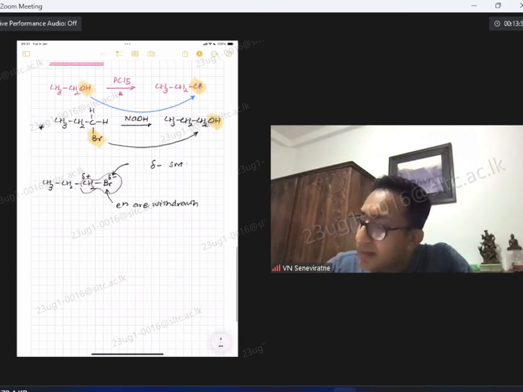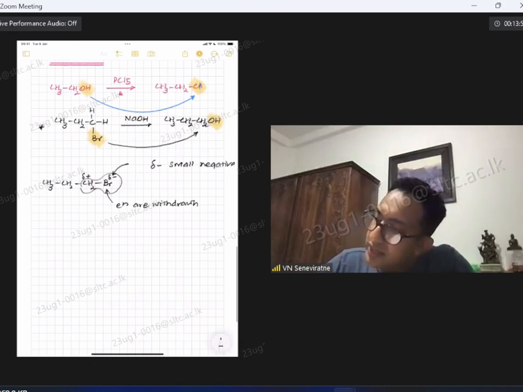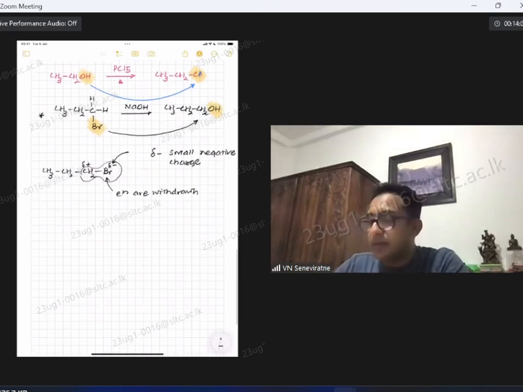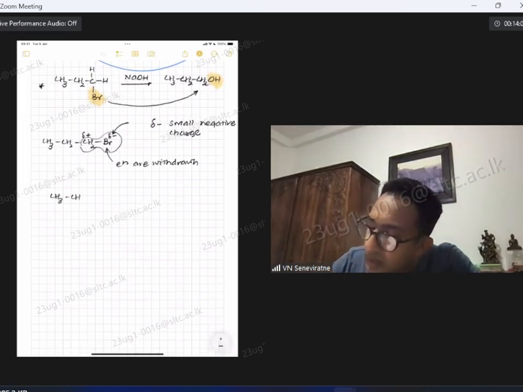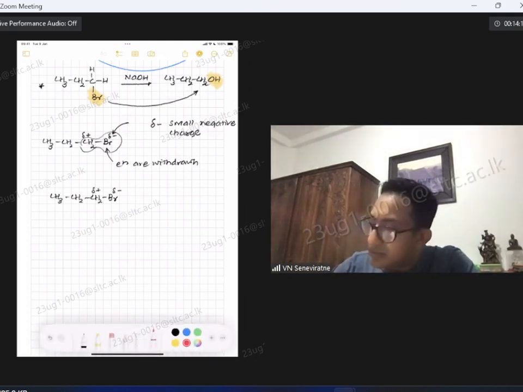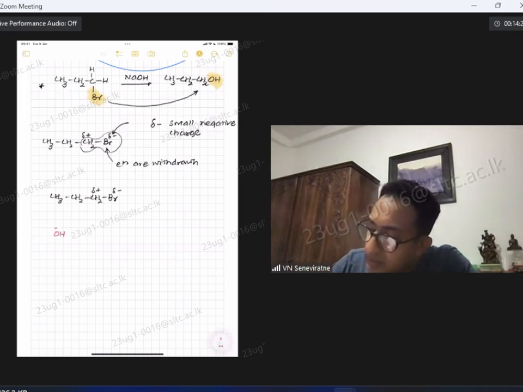This small negative charge appears because of the electron withdrawal, right? So now you get CH3CH2CH2Br, with delta minus on Br and delta plus on carbon. Now you add sodium hydroxide. Hydroxide, OH, has a negative charge, so this negative charge attacks this carbon.